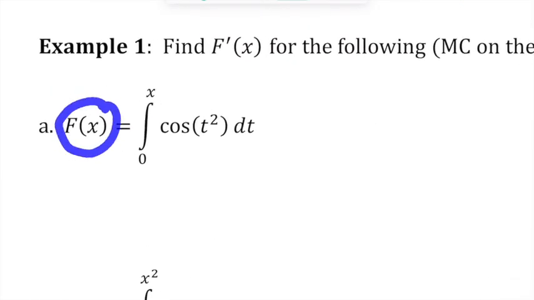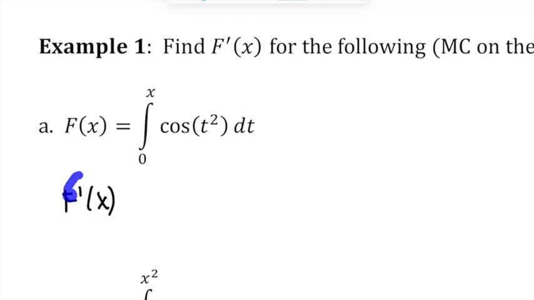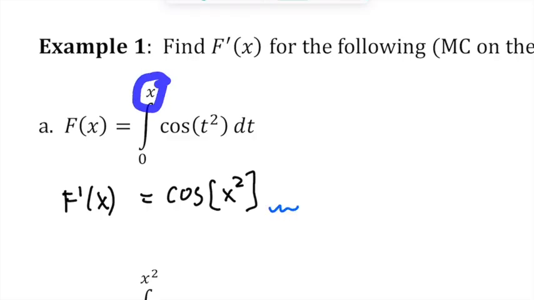So again, this is the antiderivative because it's capital F, and we are trying to find f prime. So remember, derivatives and antiderivatives undo each other. But when I do the derivative here, I'm not going to just get back cosine. I have to plug in the variable here. And by chain rule, I need to take the derivative of x, which in this case is just 1.